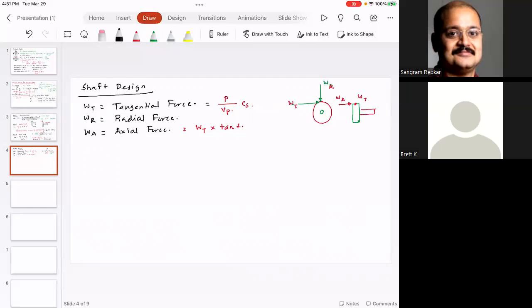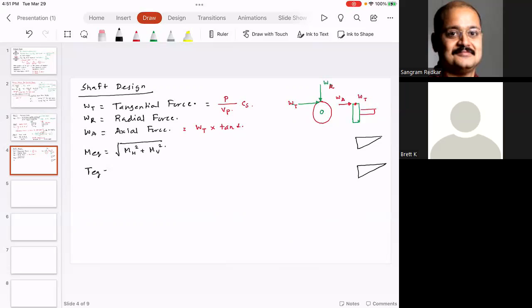And then what you do is you have to draw the bending moment diagram in horizontal plane. You have to draw the bending moment diagram in vertical plane, and then find out the equivalent moment, which is the square root of bending moment in horizontal plane squared plus bending moment in the vertical plane squared.